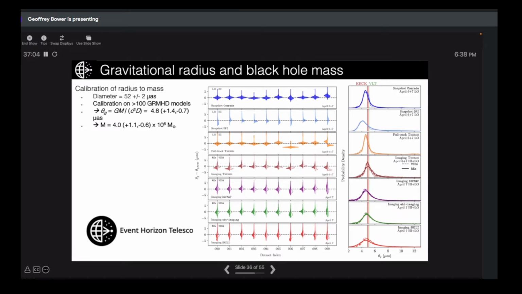And in the process of doing this, we go from about a 5% uncertainty in the diameter to about a 20% uncertainty in the gravitational radius, or in the mass of the black hole. So our uncertainty in the mass of Sagittarius A star that we can derive from our measurement is dominated by our uncertainty about the astrophysics of Sagittarius A star.